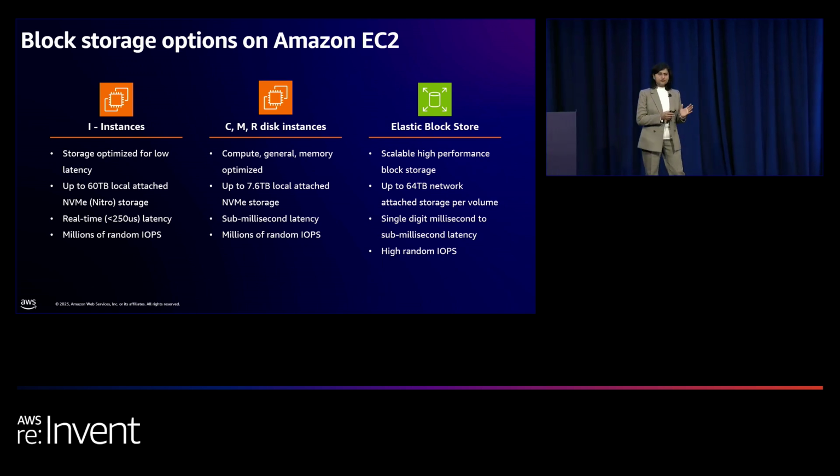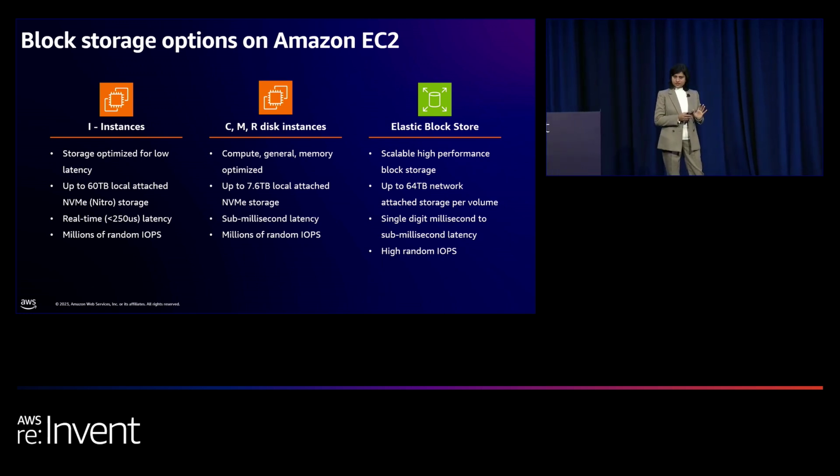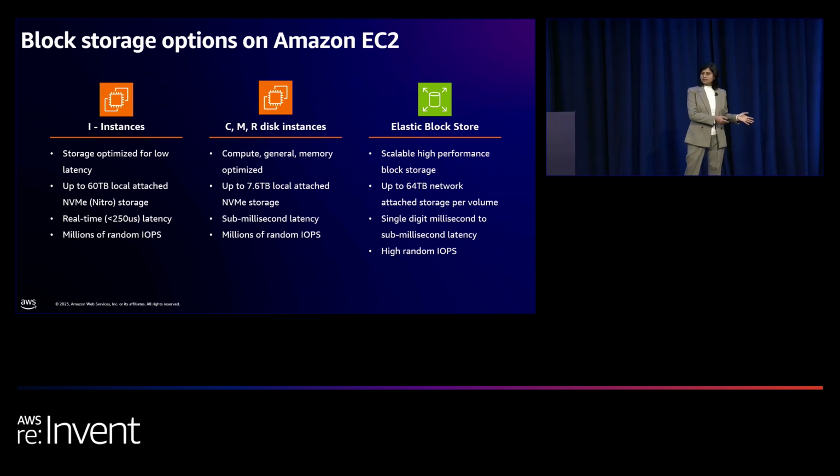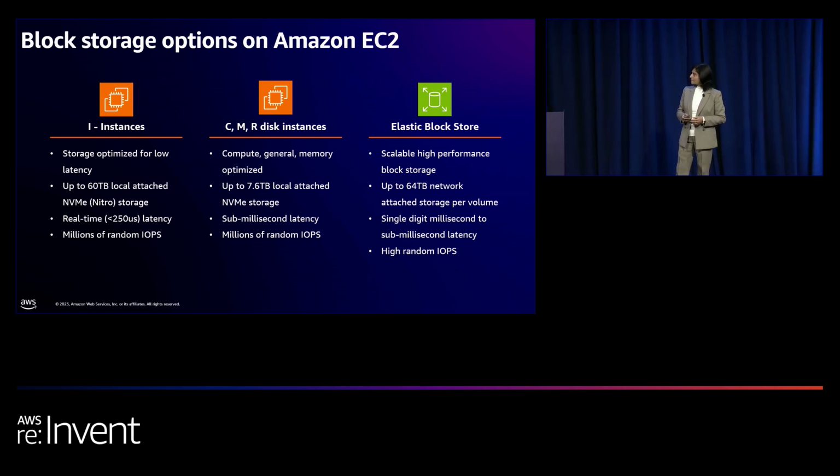Since it's denser storage, if you have any workloads which do have very dense storage needs, that's when you would need these I-family instances. Plus, because these are very specifically meant for storage-intensive workloads, and also these workloads are latency sensitive.